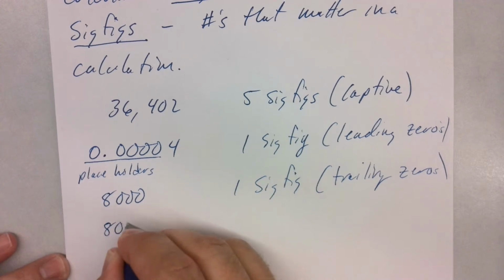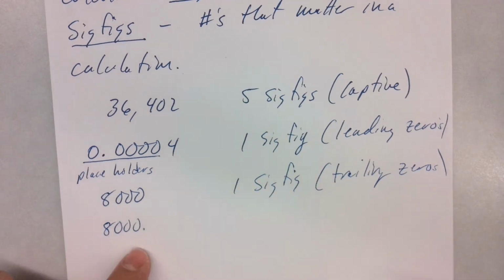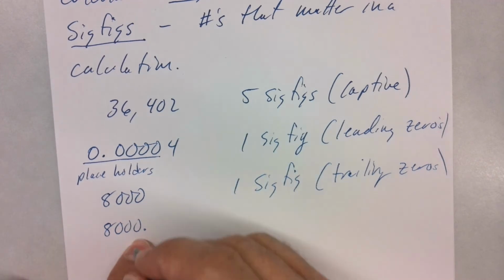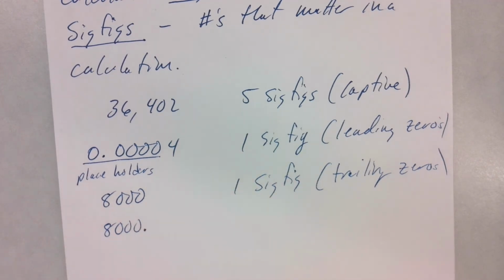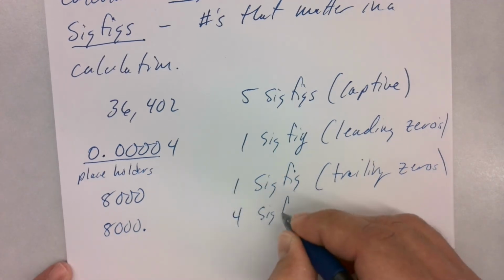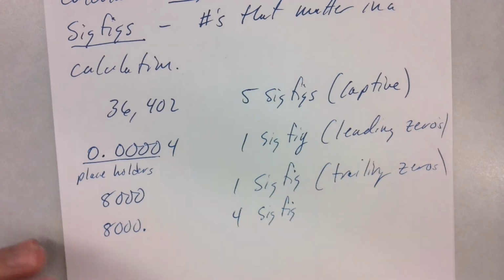Okay? Now, this changes if I put a decimal there. So if I went like this, and I put a decimal there like this, I don't even have to have a 0 after that. I just have to have a decimal point in that number. Now that number has, how many sig figs you think? Now it's got 4 sig figs. Now here's the difference, and this is what you need to understand.